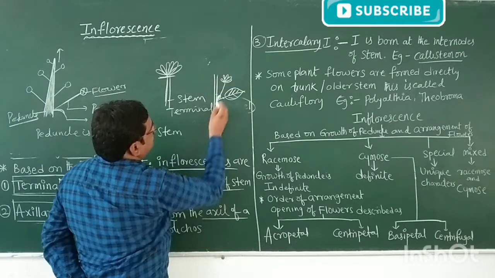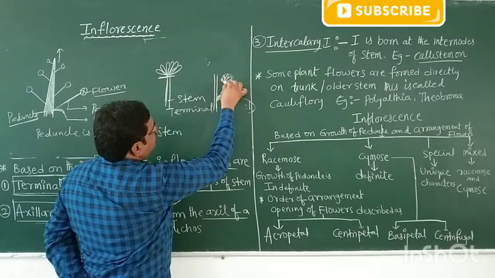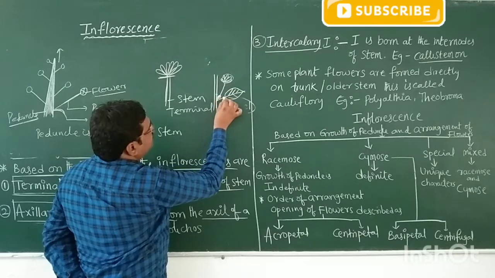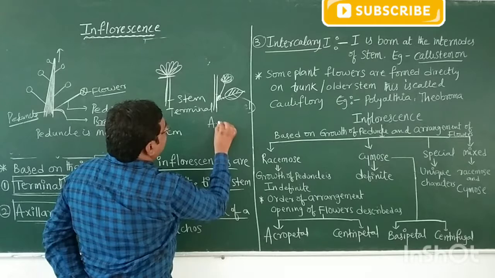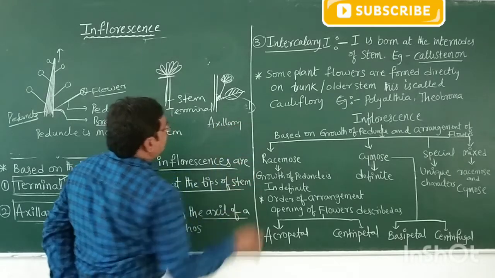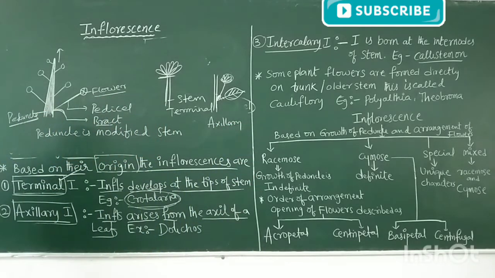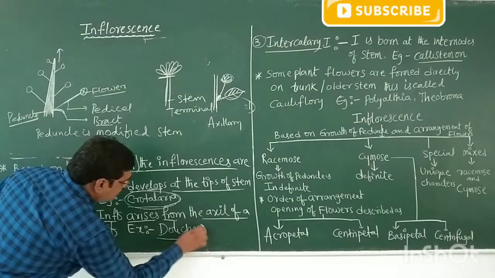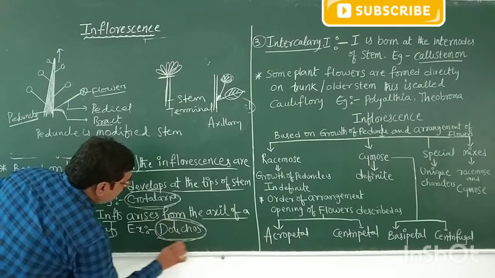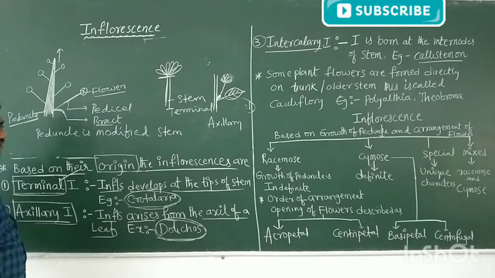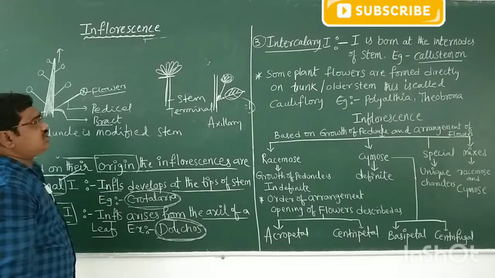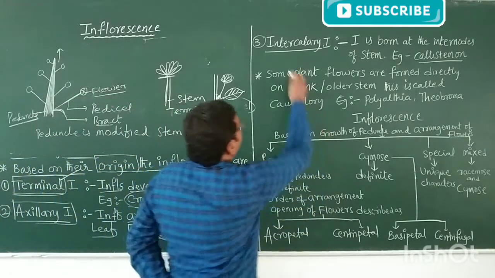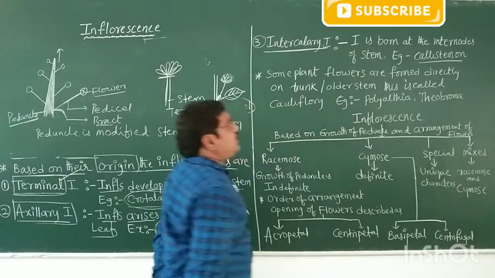This is called axillary inflorescence. What is the example? Dolichos lablab, the scientific name of beans. So this is the second type of inflorescence.